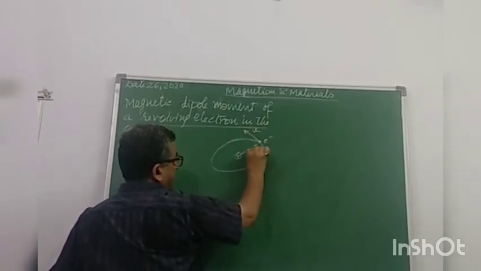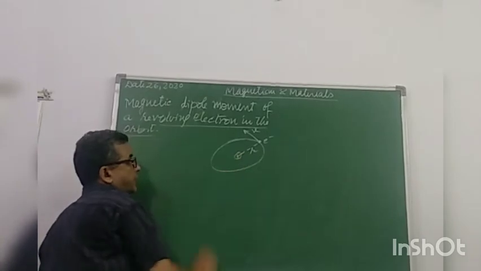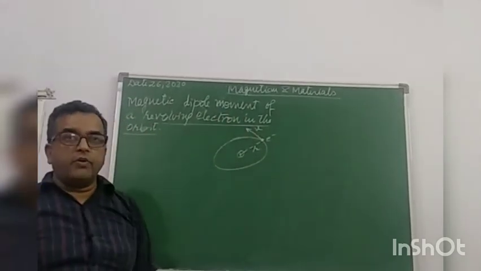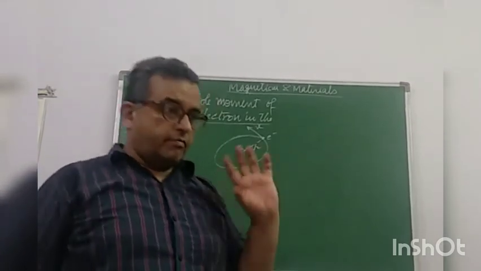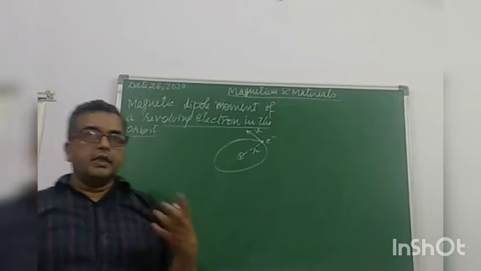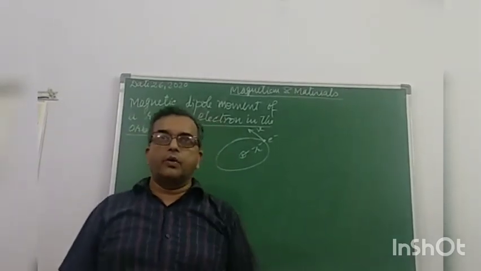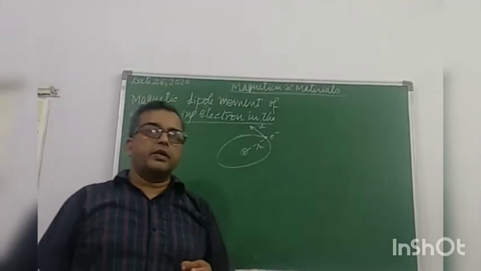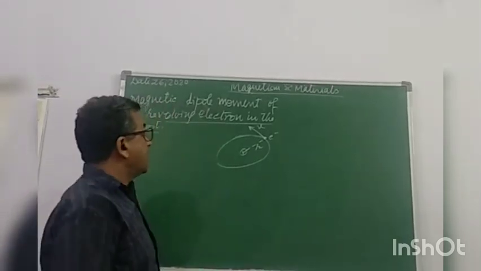This is the radius, this is the nucleus. So the electron is revolving. As we know, whenever a charge revolves, it is just like the current loop. An electron revolving in the orbit is similar to the current loop.